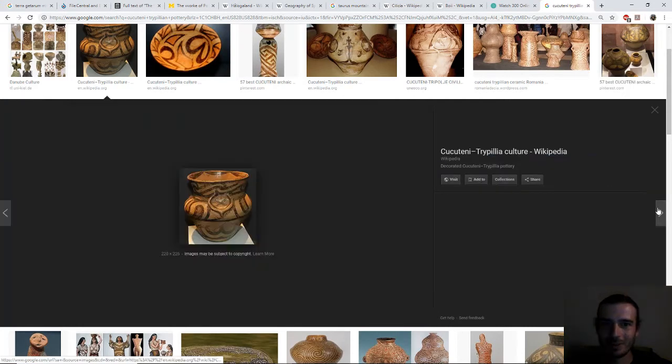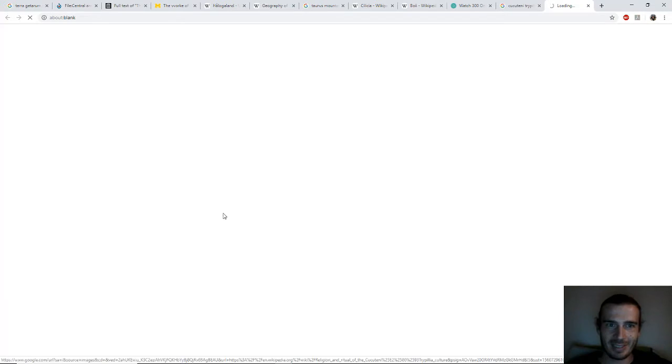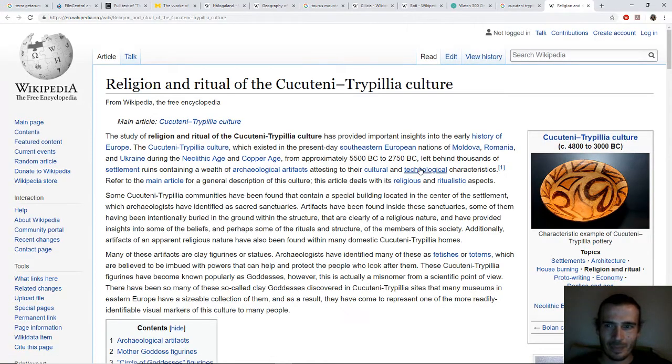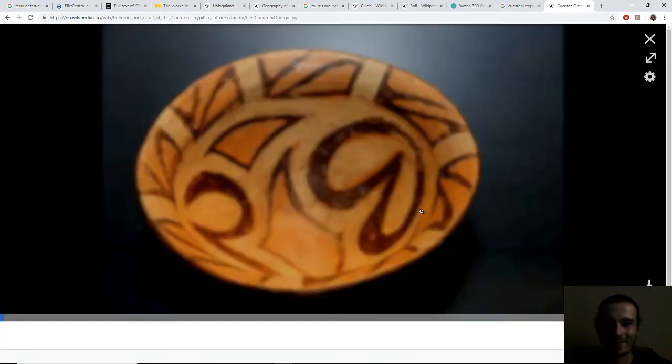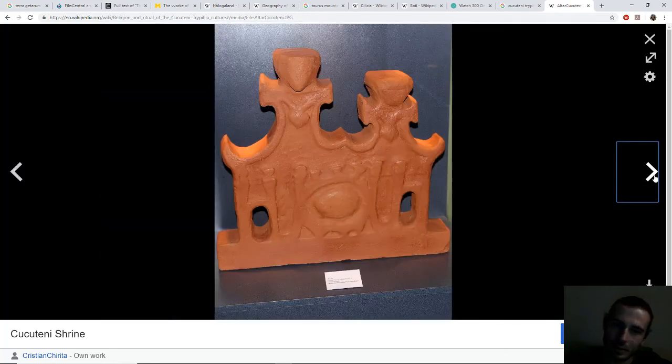Woo woo. Look at this one. This has a design. I had to click on Wikipedia again. Bastards. That's a bowl. Kukutani Shrine.